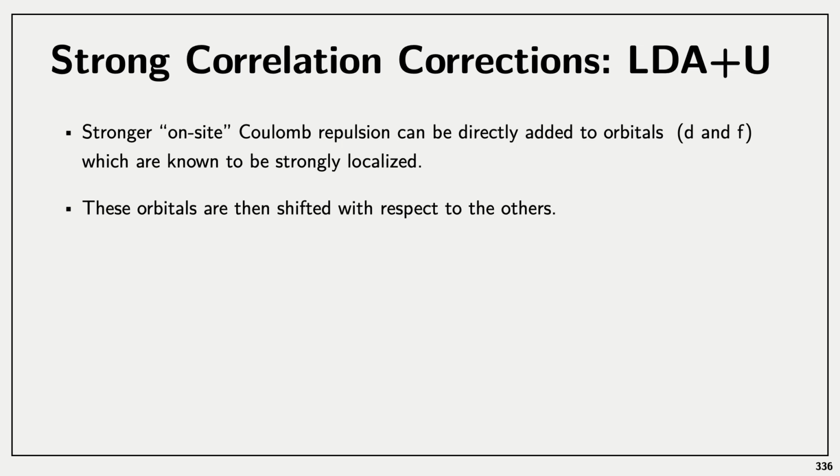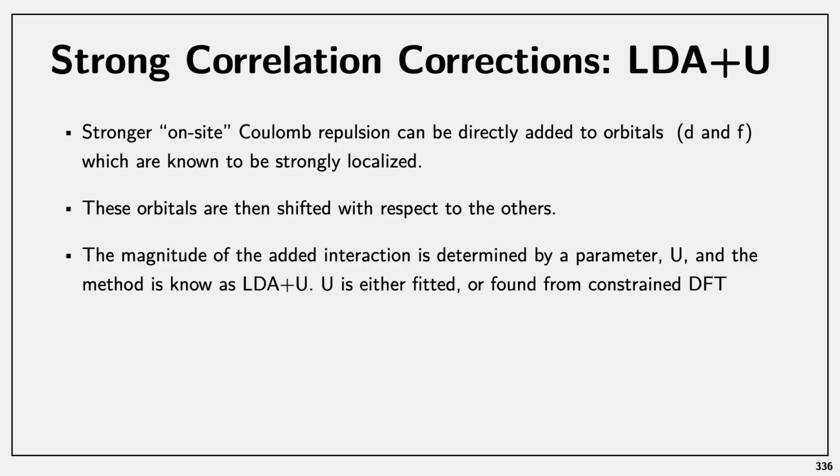So LDA plus U is used very much in those more correlated systems, also a lot in magnetic systems as well, which are sometimes where the magnetism comes from the d and f orbitals in particular. So U will be a fitting parameter. Again, we are kind of stepping away from this first principles idea, but this is something we do to understand what's going on.